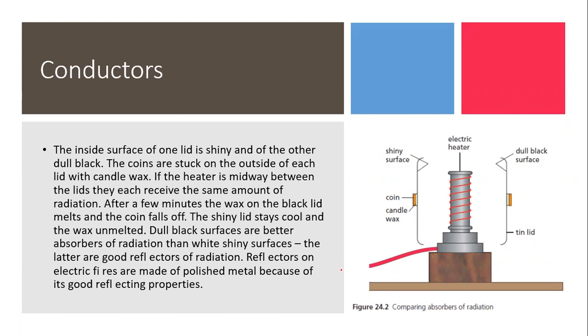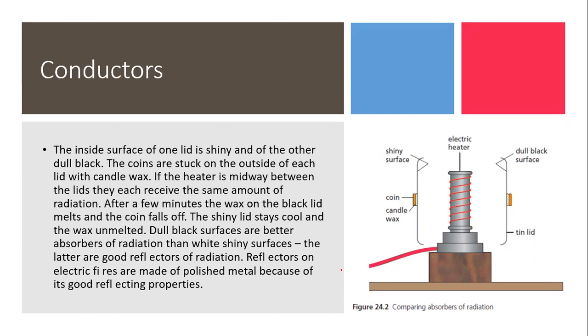Remember this: dull surfaces are better absorbers than shiny surfaces. A dull surface is going to absorb more heat energy compared to a shiny surface. And dark surfaces, for example a black color, will absorb more infrared radiation compared to a bright surface like a white color, right?